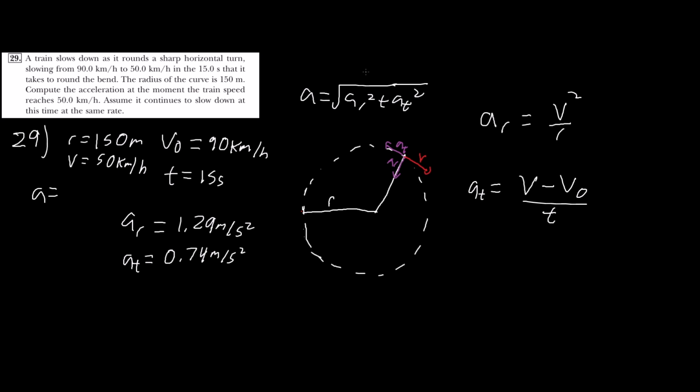I forgot to take the square root in the other video, but the magnitude for this one is going to be 1.48 meters per second squared. And remember, that magnitude is going to be this component. So anyways, folks, I hope this helps.